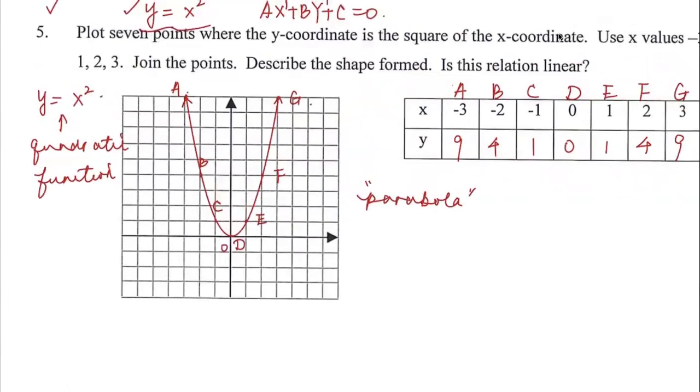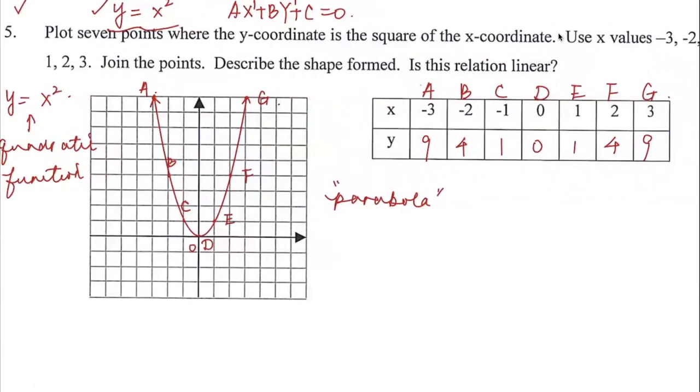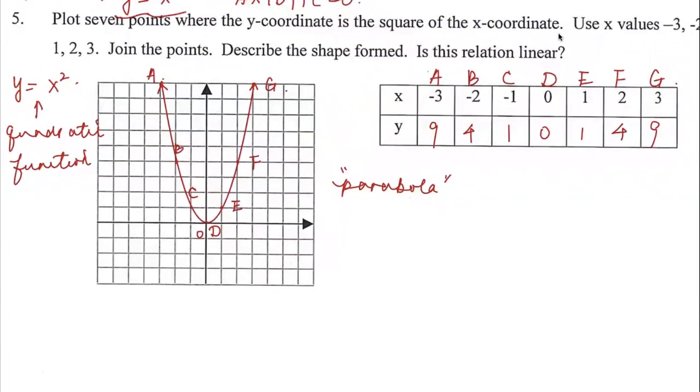Let's answer the questions. The question says, describe the shape formed. You can describe it as a curve that opens up and has a minimum point, but you can simply say it's a parabola. This shape is called a parabola.